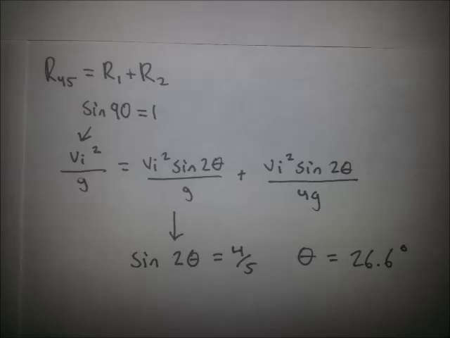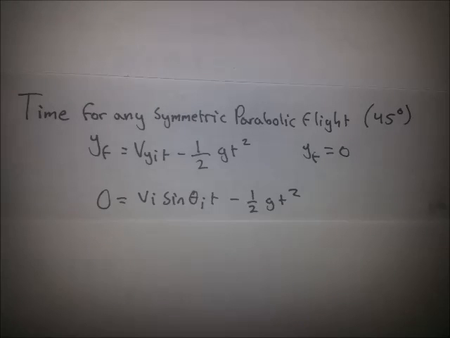Now for part B, since the flight path of the ball is parabolic, we can use the equation y final equals v sub yi t minus 1/2 g t squared. Since y final is 0, we can set that equal to 0.